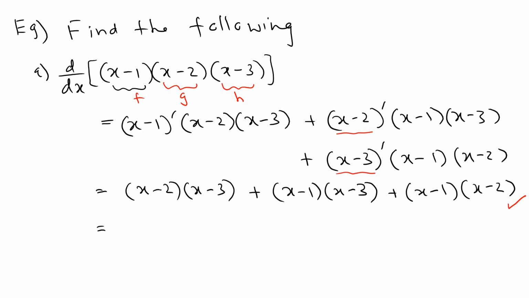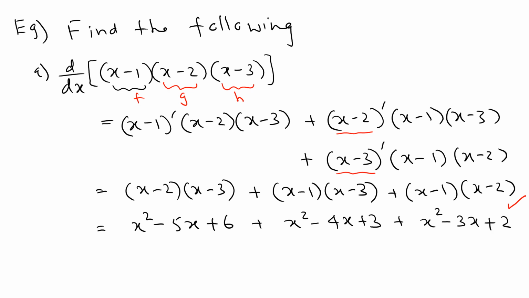When you distribute, you get x squared minus 5x plus 6 from the first one. From the second one, you get x squared minus 4x plus 3. Next, you get x squared minus 3x plus 2. If you combine all the like terms, you get 3x squared minus 12x plus 11. So that is the final answer.